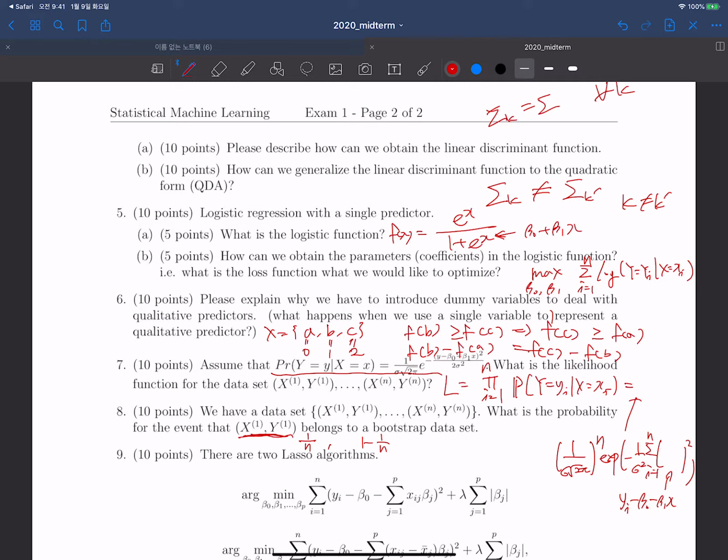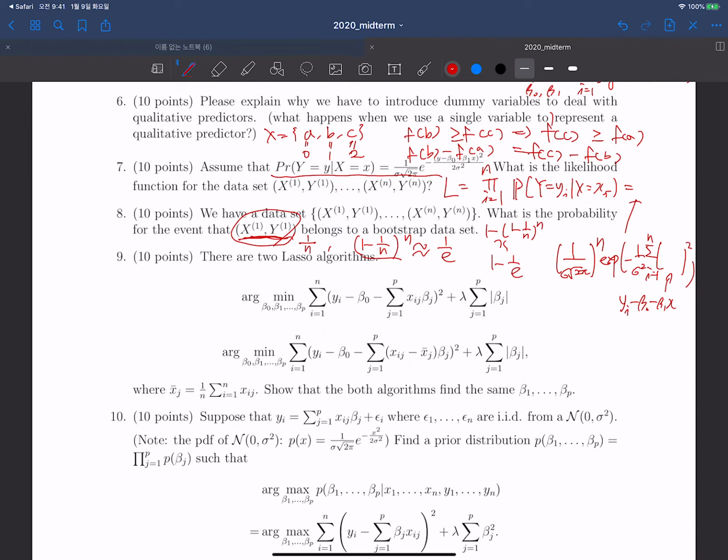So the probability that x1, y1 does not belong to a bootstrap data set is (1 minus 1 over n) to the n, which is approximately 1 over e. So the probability that x1, y1 belongs to a bootstrap data set is 1 minus (1 minus 1 over n) to the n. Roughly, this value is equal to 1 minus 1 over e.